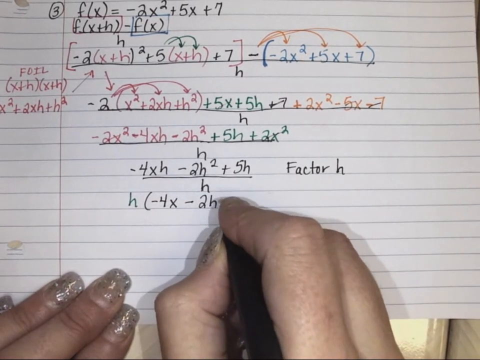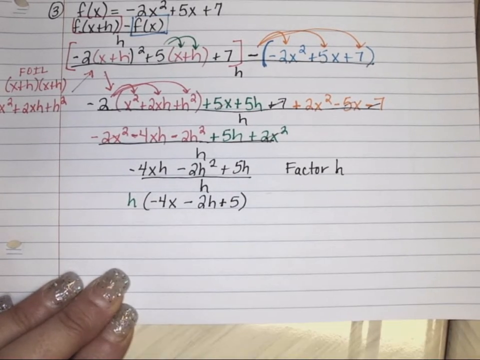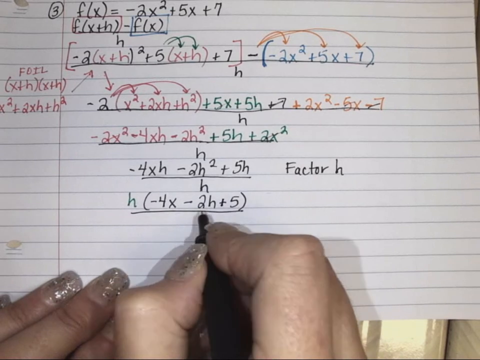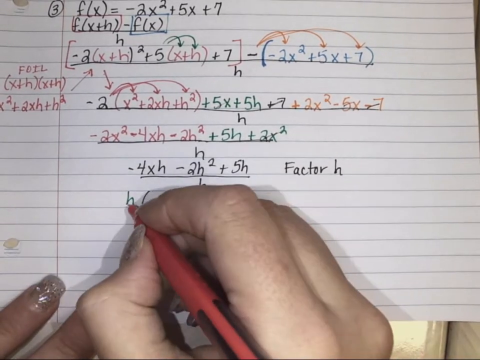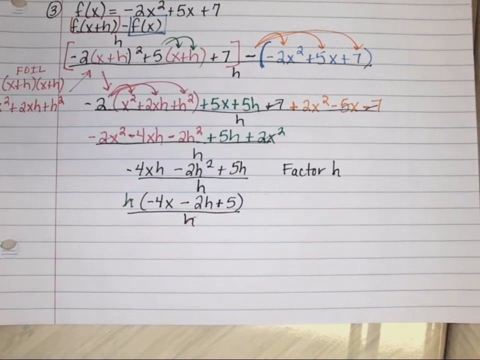Factor out h here, I'm just left with 5. That's all over h. Finally, last but not least, your h cancels off, which I told you hopefully it should cancel off in the denominator. You can be left with an h in the numerator. We just want the one on the bottom to cancel.